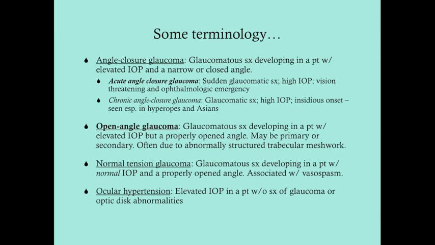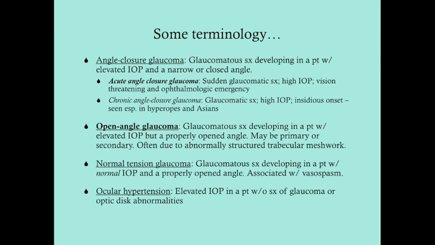Now, as we're going to see when we talk about open angle glaucoma, not all patients at diagnosis have an elevated intraocular pressure. They do have abnormalities of their cup-disc ratio, but it's a little bit more complicated than this. Like I said, primary open angle glaucoma is a diagnosis of exclusion. So this is often, but not always, due to abnormally structured trabecular meshwork.